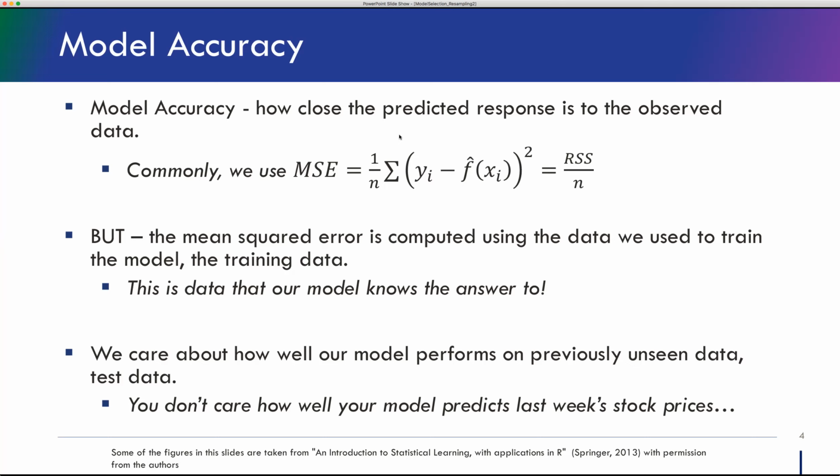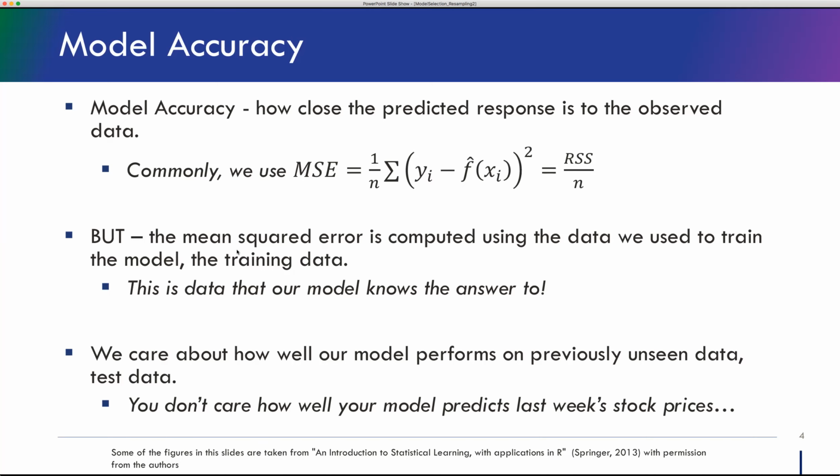So basically, how close your prediction is to the true data. Commonly, we use the mean squared error, defined like this. It's the mean because we divide by n, and the squared error. So the summation of the squared residuals is the RSS, divided by n. That's our mean squared error.